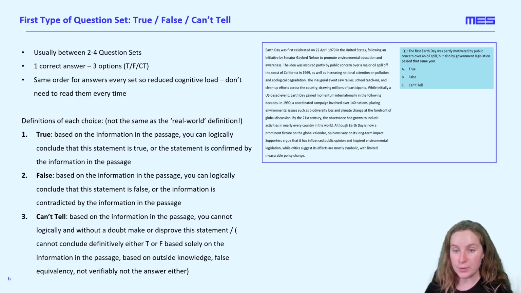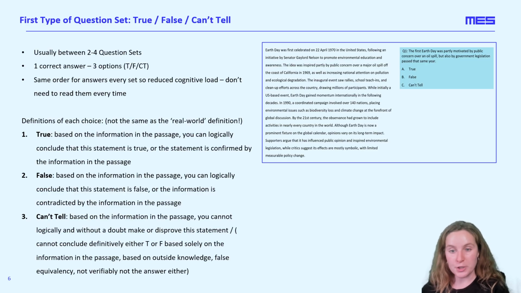So not that you can't tell, and not that it could be or couldn't be. It has to be obvious that this is wrong or false, and that it is contradicted by the information in the passage. So there will have to be some indicator that not only is this not true, as in not confirmed by the passage, but that it is actively contradicted by the passage. So the opposite is true, or something completely different is shown to be true.